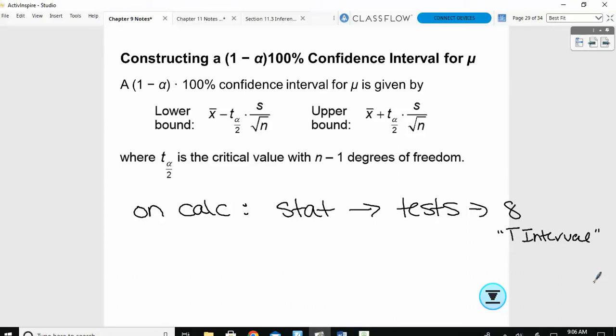I will show you how to do it by hand as well as on the calculator. My expectation, just like yesterday, is that on the homework you make sure you do a couple by hand, then you can do the calculator for the rest. We want to make sure we can do it by hand, but we'll also rely on that calculator a lot.